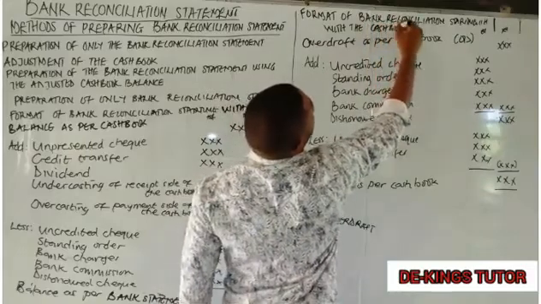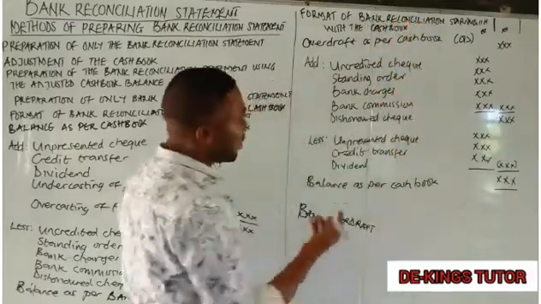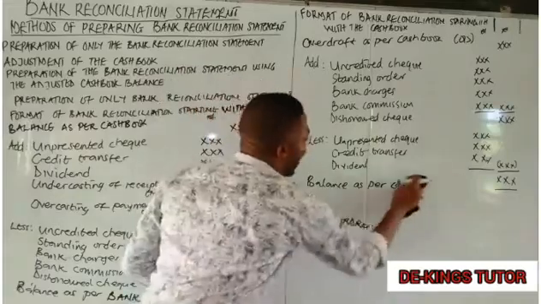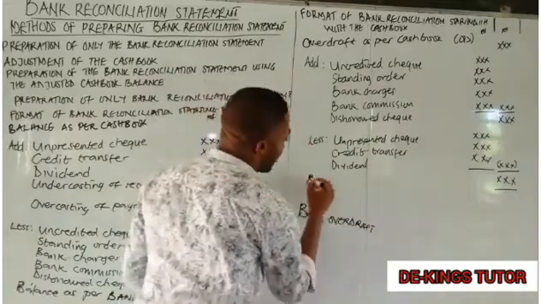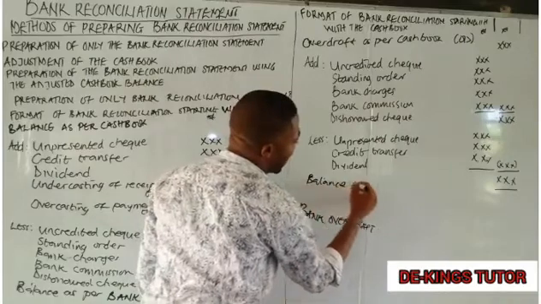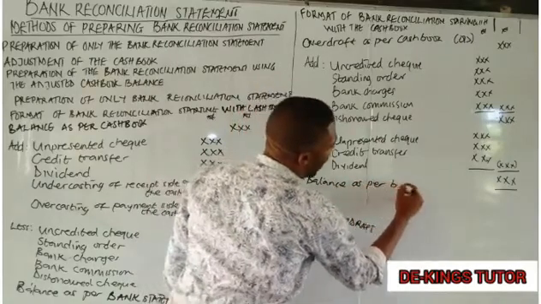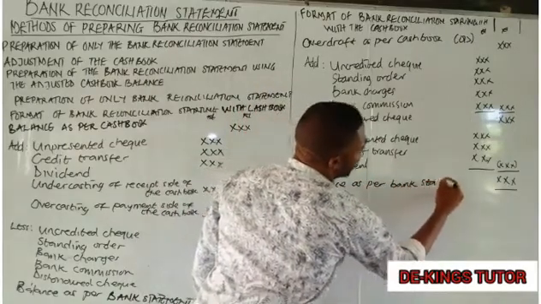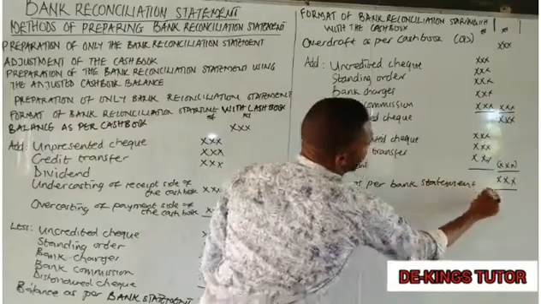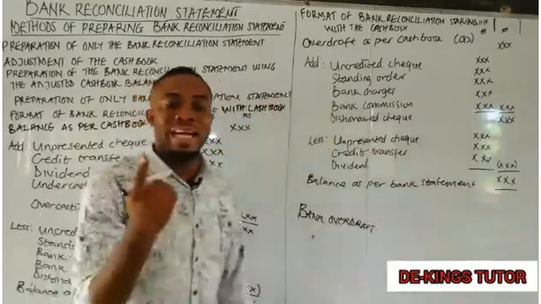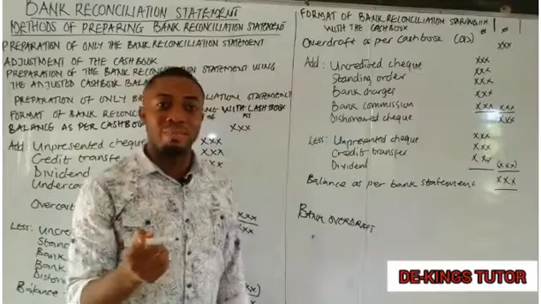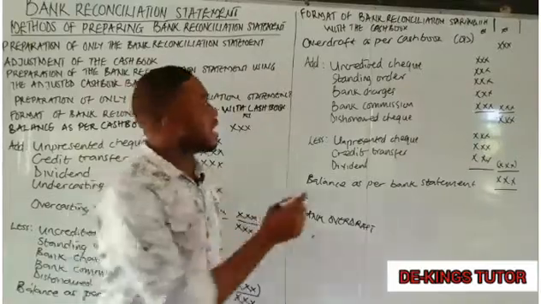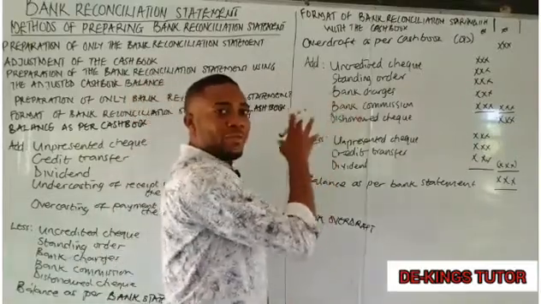Now this is for cash book. Overdraft as per cash book. So that the final answer will now be balance as per bank statement. Like I said earlier, that is when the cash book has what? A credit balance. It means overdraft. Now this is the format.